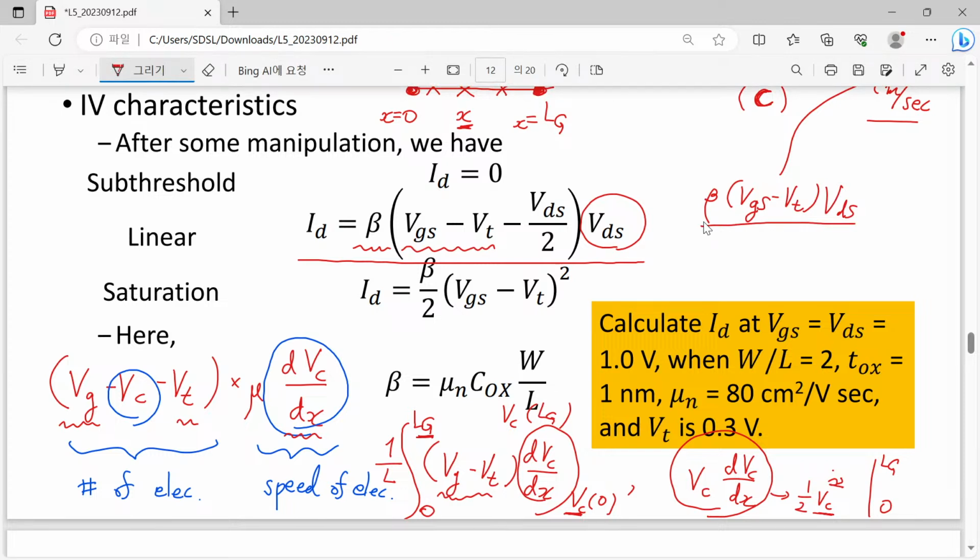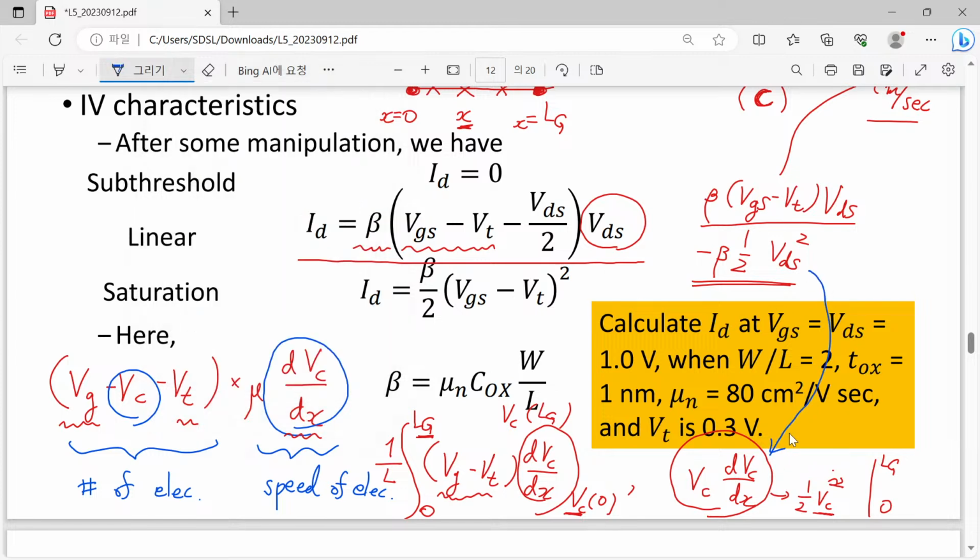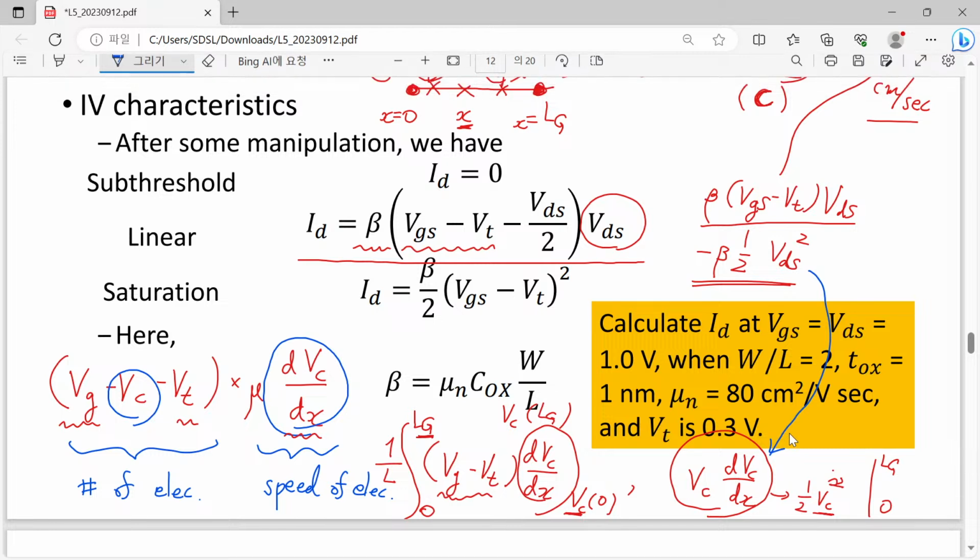This is the linear term you have. Another one, you can find, is half of beta times VDS squared. And what is the origin of this term? It is a second order term, and the second order term was taken from this one. So are you all with me?